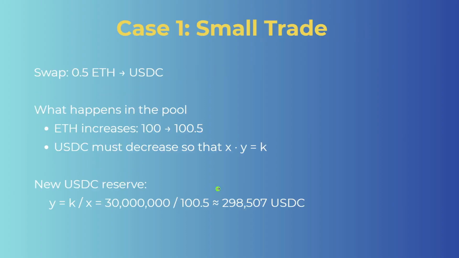Okay, let's imagine a case where we want to make a small trade. So we want to make a swap of 0.5 ETH to USDC. So what happens in the pool? When I want to swap 0.5 ETH, in this case, there is no order book.